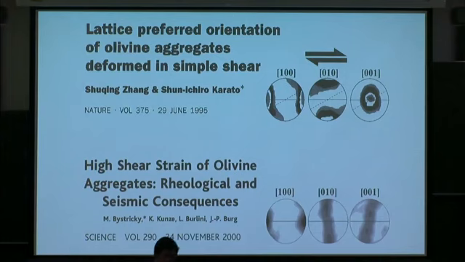You're limited a little bit in the amount of strain, and the deformation is actually somewhat complex. So it's nice to see that something similar was reproduced in this bottom set of experiments, which were done in torsion. And again, the key observation is that [100] aligns roughly with the shearing direction. And this was assumed for a long time.